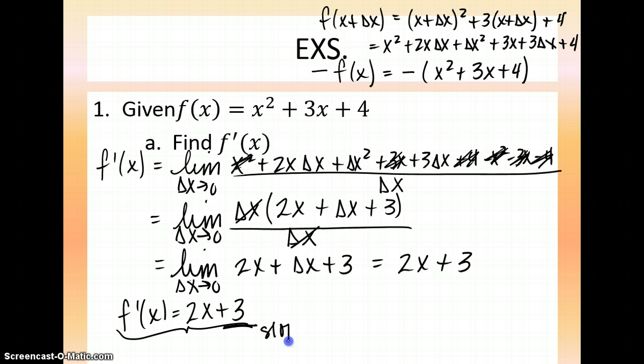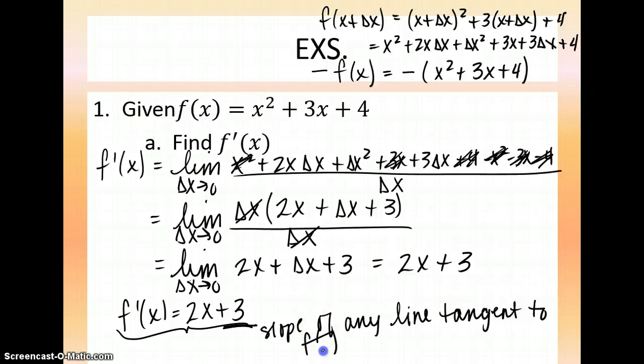So the slope of any line tangent to the function is this line.